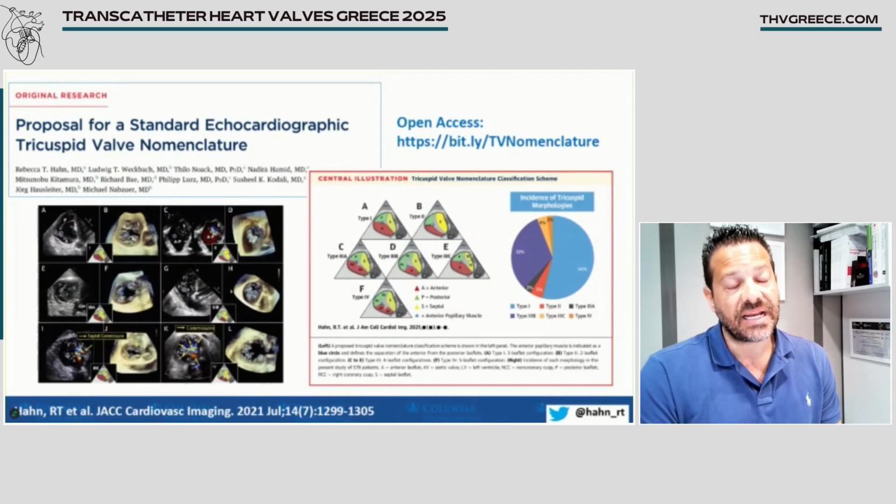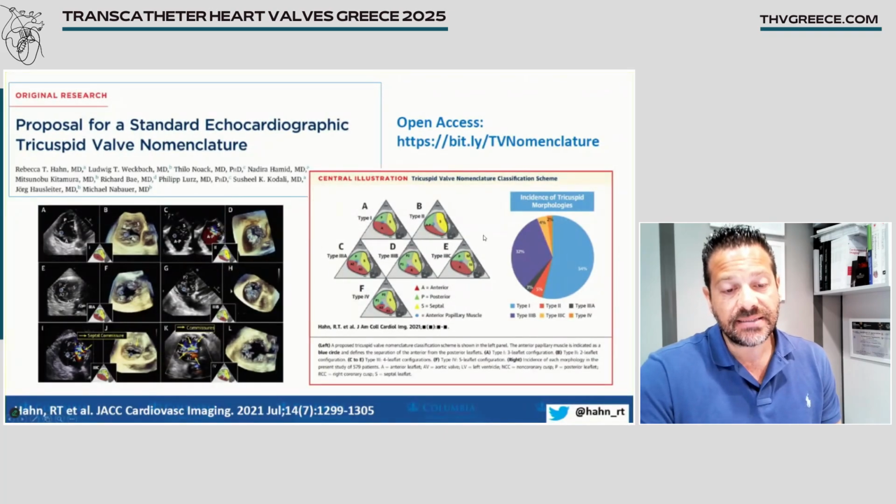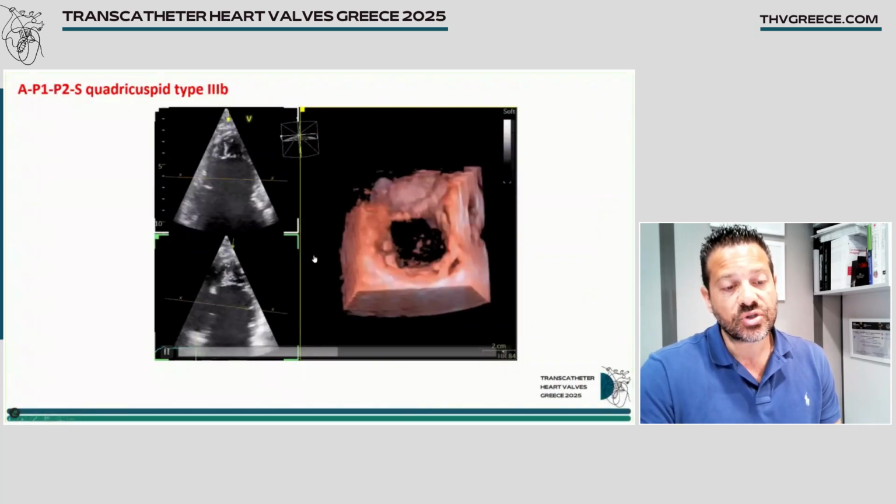We know that the tricuspid valve doesn't have only 3 leaflets. We might have 2, 3, 4, or even 5 leaflets. And 86% of the patients that will come to our echo lab will have either the normal 3-leaflet tricuspid valve or the variation with the 2 posterior leaflets, P1 and P2, which is the 3B variation. This is the most common variation.